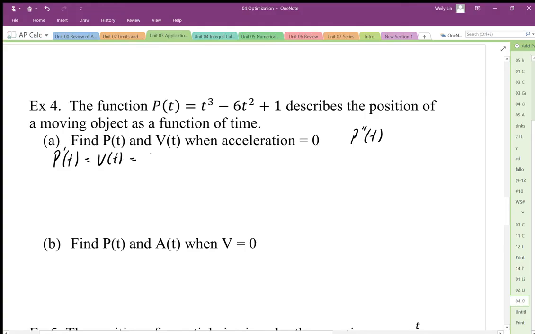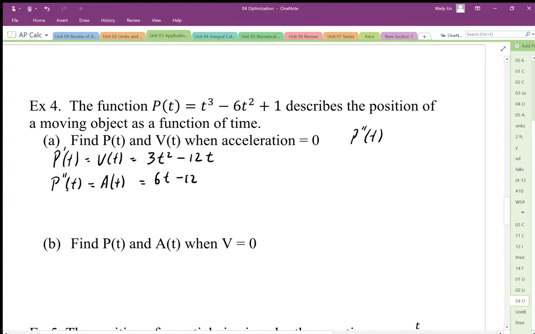That gives us 3t squared minus 12t. Then we go one more, and that will be our acceleration function, a of t. Since it's the derivative of velocity, we end up with 6t minus 12.